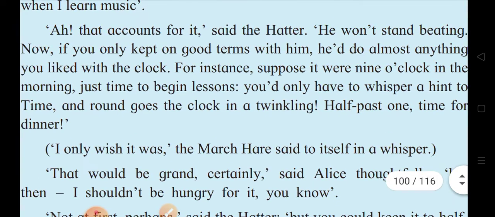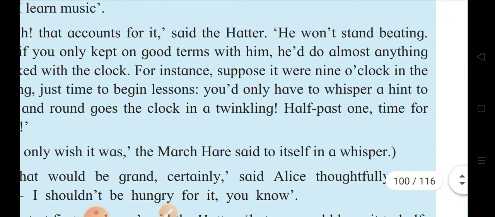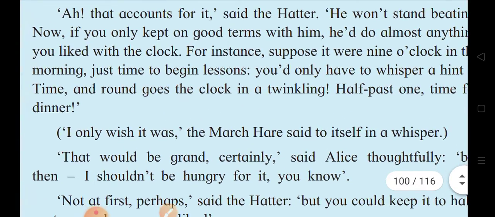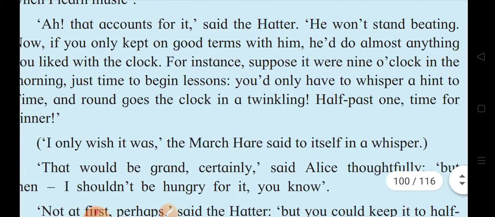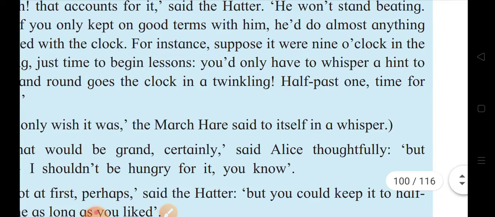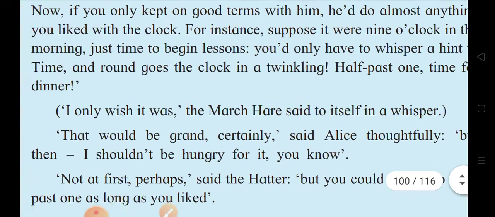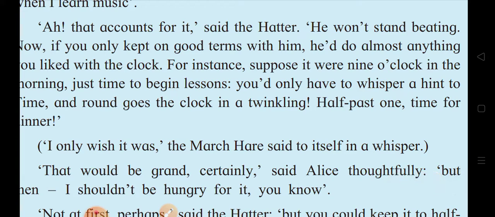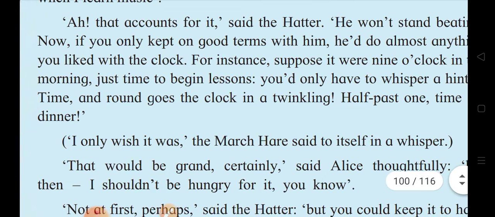For instance, for example, suppose it were 9 o'clock in the morning, just time to begin lessons. You did only have to whisper a hint to time, and round goes the clock in a twinkling. 1:30, time for dinner. So he is saying that at 9 o'clock in the morning, mostly we are having lessons.